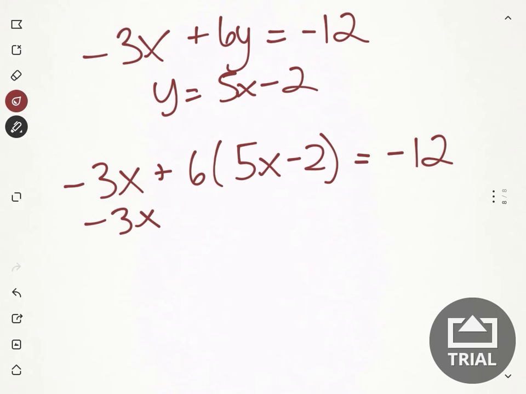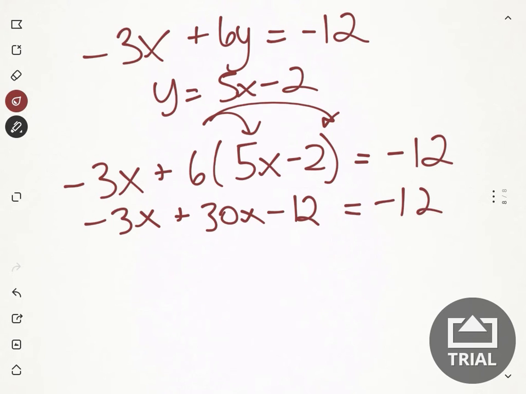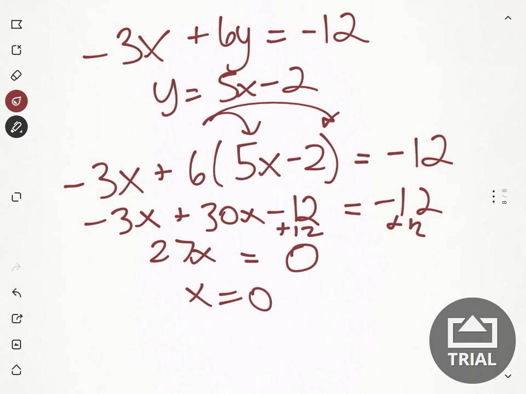That's -3x, do some distribution. Minus 12 equals -12. This simplifies to 27x. Add 12 on both sides equals 0. So our x equals 0.